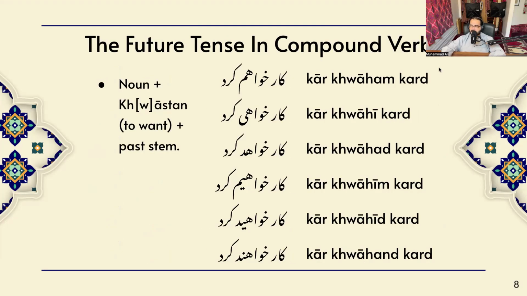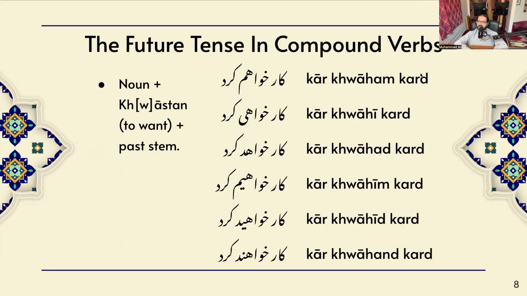All right. How do we treat compound verbs in the future tense? Well, it tends to be that the verb in the future tense will intervene between the noun and the verb. This is because whatever changes are done to the verb, they're attached to the verb.